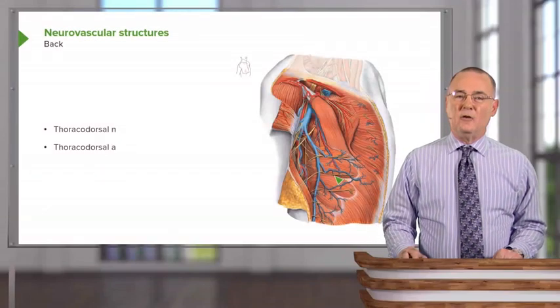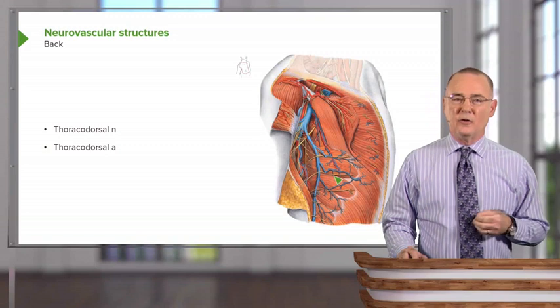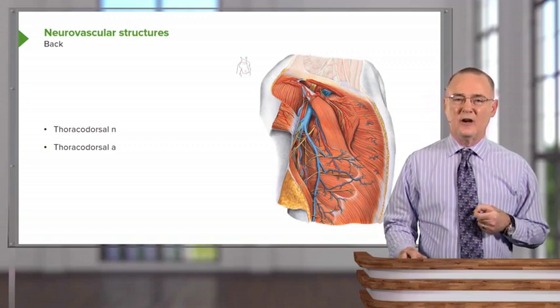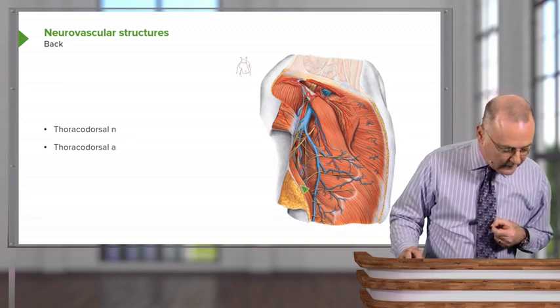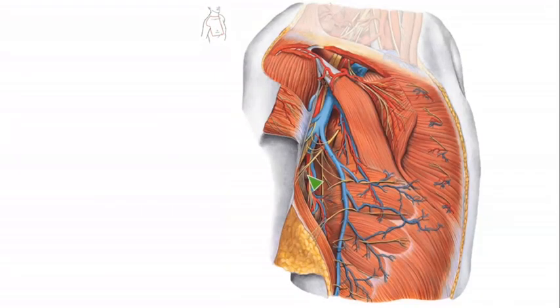We also made reference to the thoracodorsal nerve as it innervates the latissimus dorsi muscle. That nerve is seen in this particular illustration right in through here in yellow, and it will penetrate and ramify or branch within the substance of the latissimus.